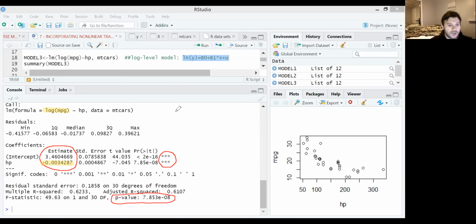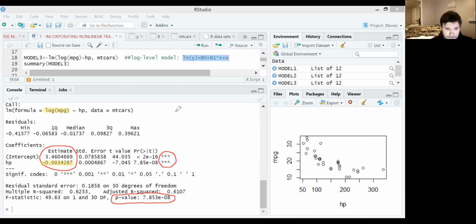The way we would interpret that coefficient is that a 1 unit increase in horsepower translates to a minus 0.34287 percent change in the miles per gallon of the vehicle. So there'd be about a 0.3% reduction in MPG if you increased horsepower by 1 unit. That is what this log level model predicts.